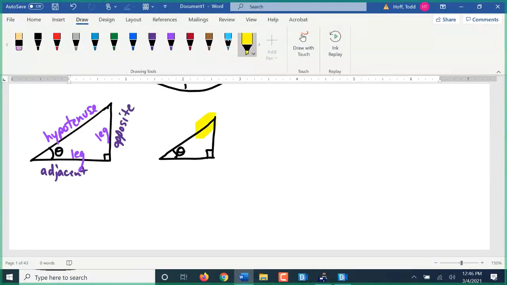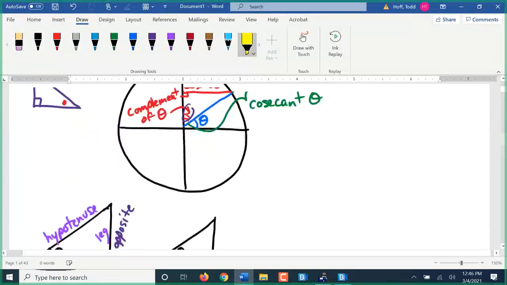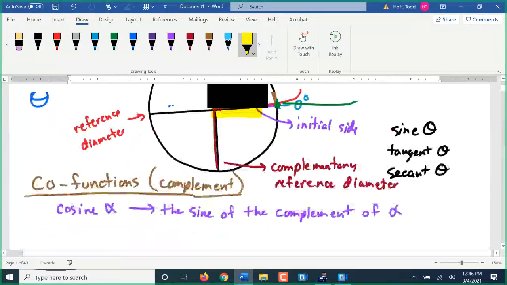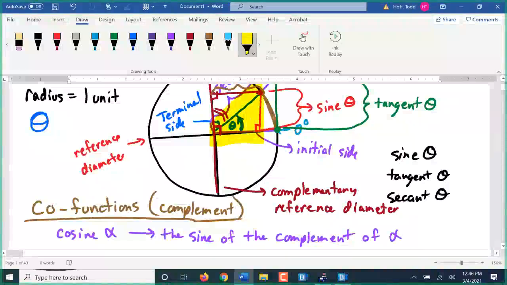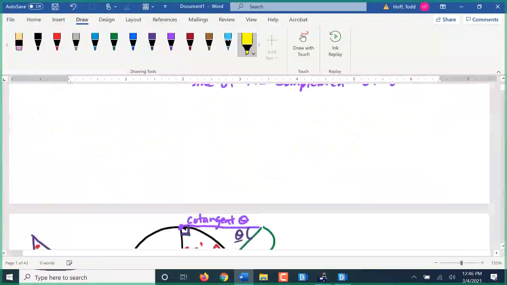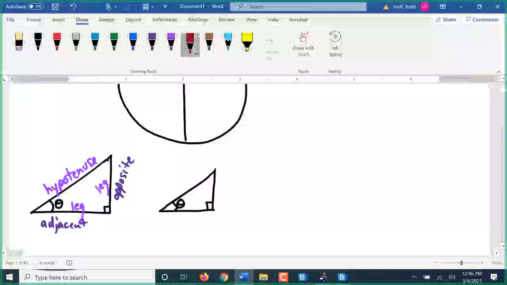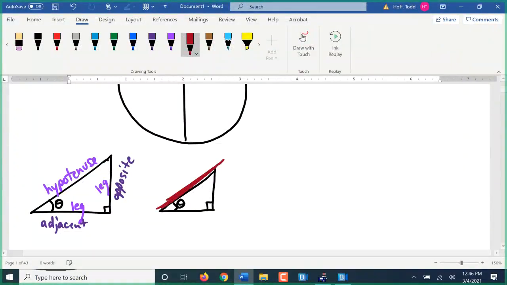Let's take this triangle here and draw it as one of our triangles out of the unit circle. In fact, the one that I have highlighted here is the one I'm going to draw. This one right here. If I draw that triangle, this here is just the radius of the circle. So that is 1. It's a unit circle, has a radius of 1.